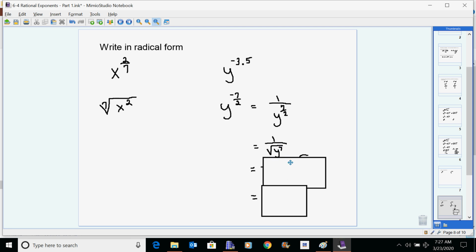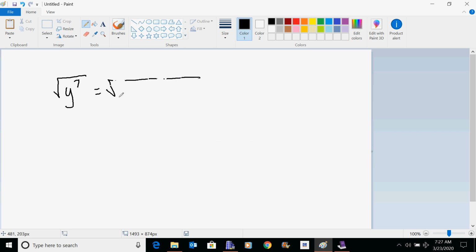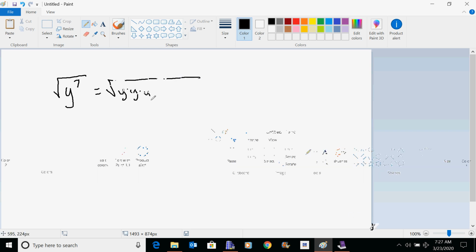Now, you can't have a radical in the denominator, but before we try and handle that, let's simplify the square root of y to the 7th. If you remember from what we were talking about before, if we're going to take the square root of y to the 7th, that's the same as, I'll do this the long way this time just to remind you, there's 7 y's.